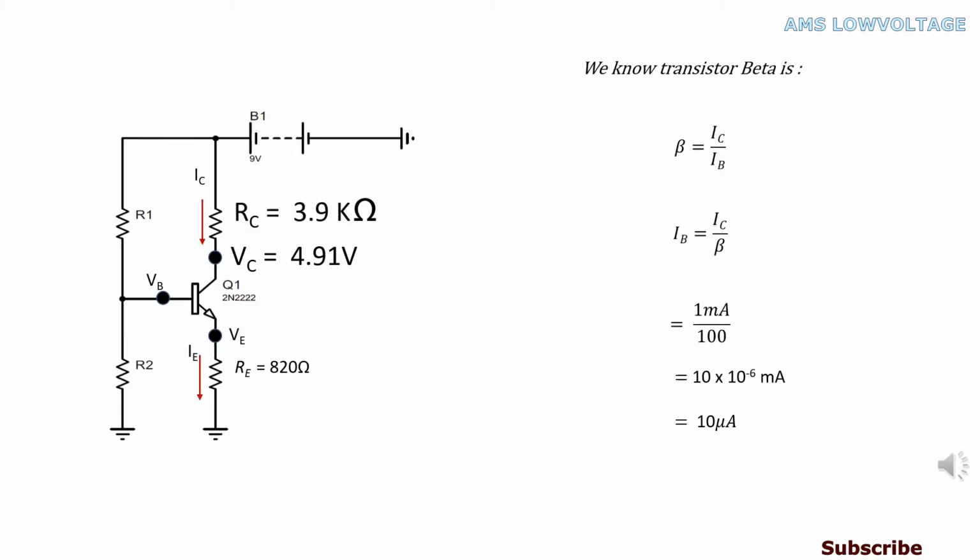We know transistor beta equals IC over IB. In this example, we assume the beta is equal to 100, and therefore putting all values in that equation, we've got the base current of this transistor equal to 10 microampere.